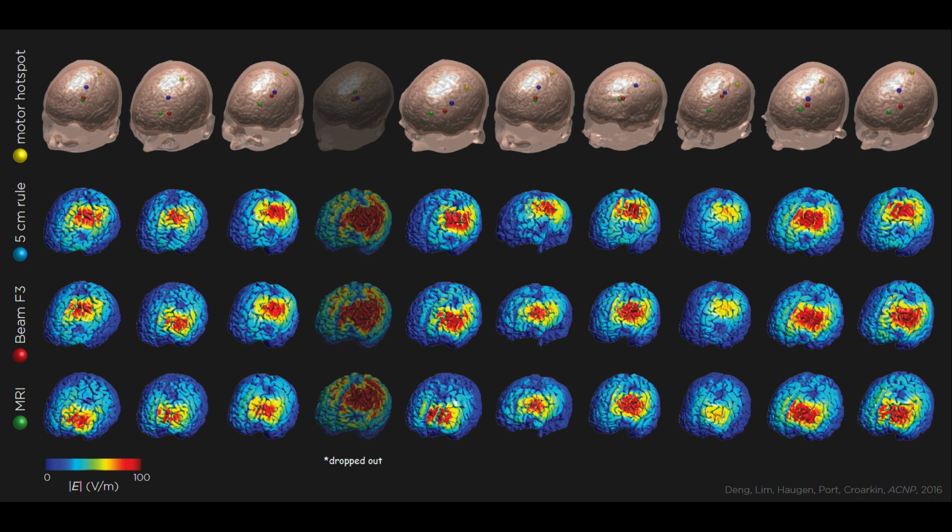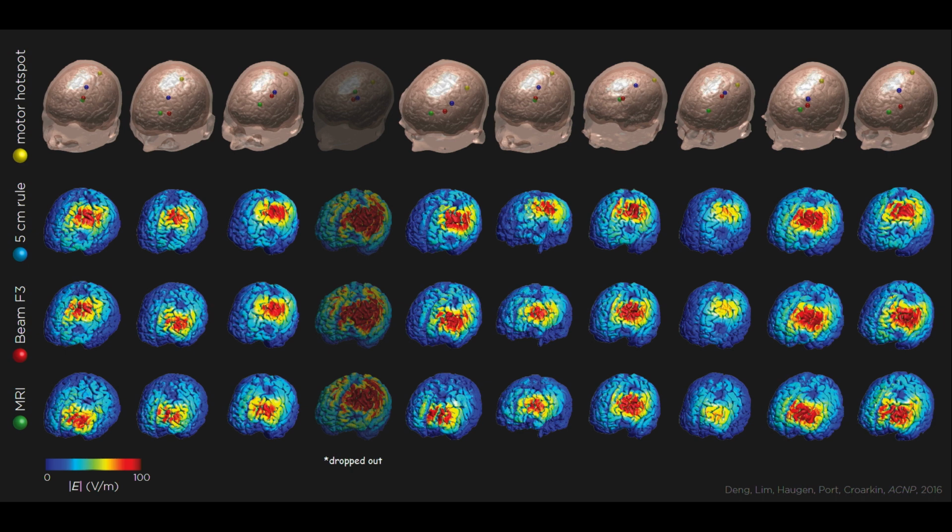subjects receiving an open-label course of repetitive TMS for the treatment of depression, they actually marked the spots on the subject's head. So you can see on the top row the 3-dimensional representation of the 10 subjects that were enrolled in the study. The yellow markers mark the spot of the motor hotspot.